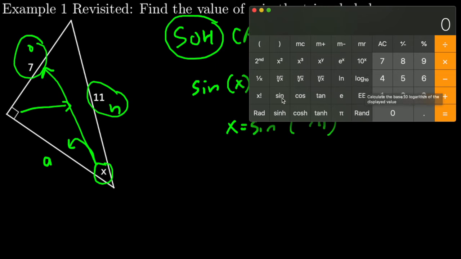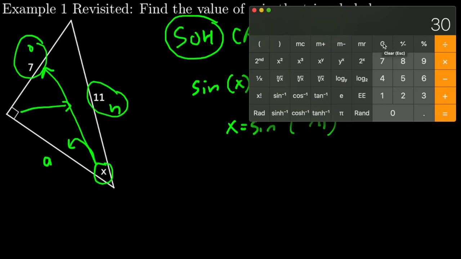But if you don't see what you want here, look for a second button or a shift button, and watch what happens when I press this. It changes sine into sine to the -1. This, and again, not to the -1, but inverse sine, inverse cosine, inverse tangent. And as a little check to make sure your calculator is doing things correctly, if I take the inverse sine of 0.5, so press second, press sine, I should get 30 degrees.